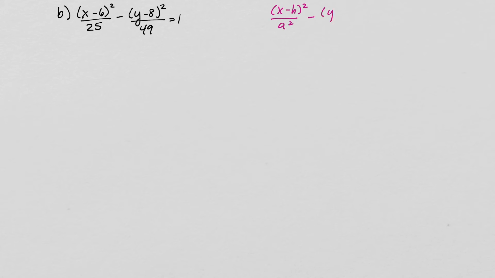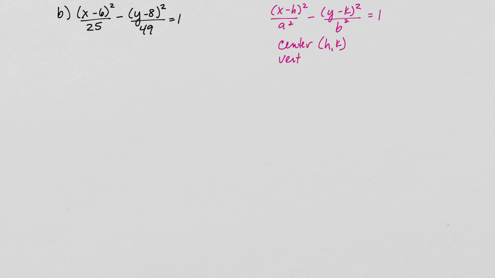So let's try one more. B: (x minus 6) squared over 25 minus (y minus 8) squared over 49 equals 1. So this is where the x is first. If you match it up with my sheet, it's telling you (x minus h) squared over a squared minus (y minus k) squared over b squared equals 1. Again, the center is still going to be (h, k).